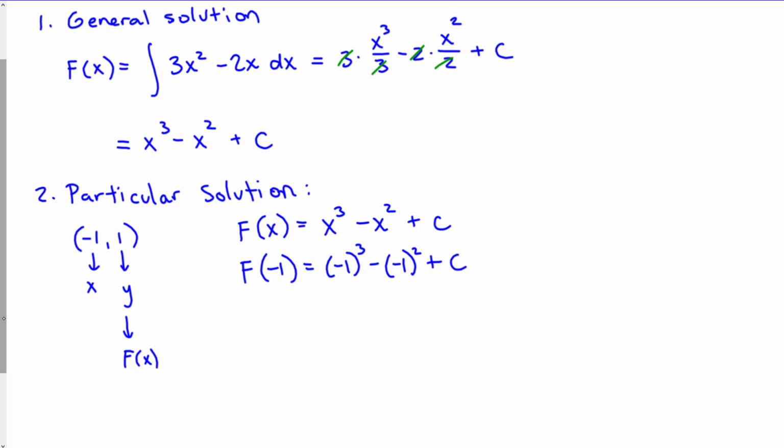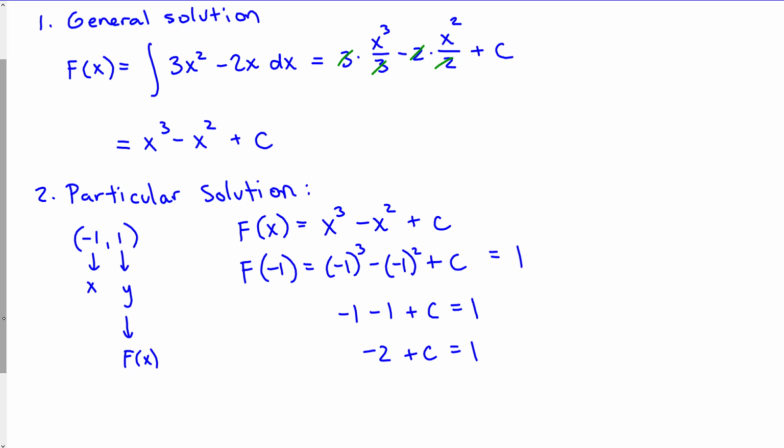But F of negative 1 is my y value, so that all is going to equal 1. Negative 1 cubed is negative 1. Negative 1 squared is positive 1, but there's a minus here, so minus 1 plus c equals 1. So negative 2 plus c equals 1.